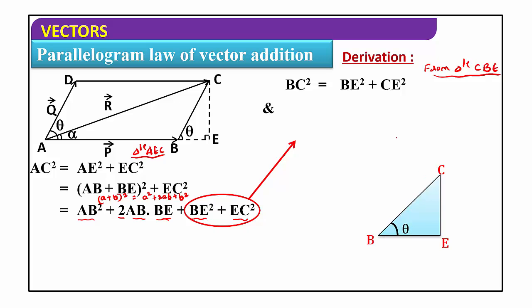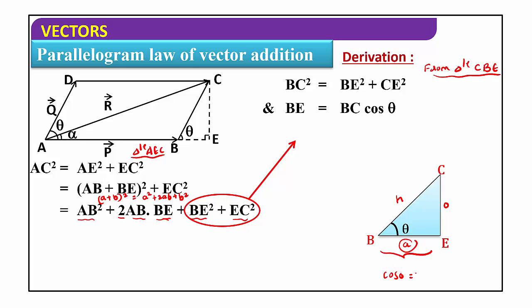Now I am going to write one equation: BE equal to BC cos theta. How did we get this equation? Observe this diagram. This is angle theta, so this is the adjacent side, this is the hypotenuse and this is the opposite side. I want the value of BE, and BE is the adjacent side, so we can use the trigonometric function cos theta.